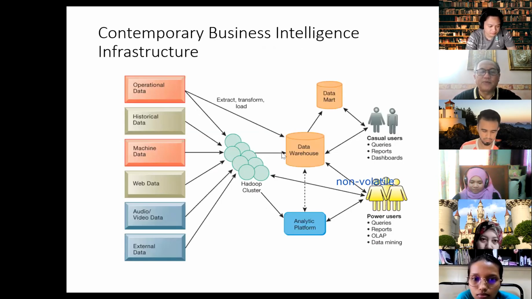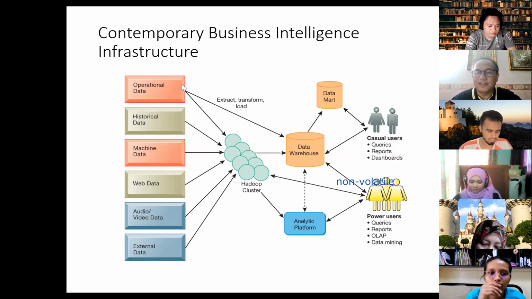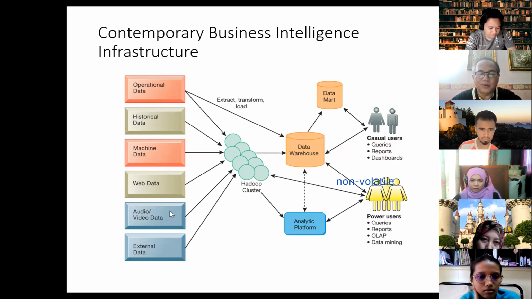So this is a diagram for the data warehouse. We have operational data coming from the TPS, the transaction processing system. We have historical data that can come from your MIS, machine data that can come from your IoT, web data from the web, audio and video data, and external data.